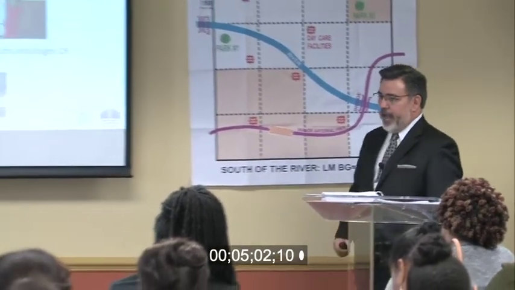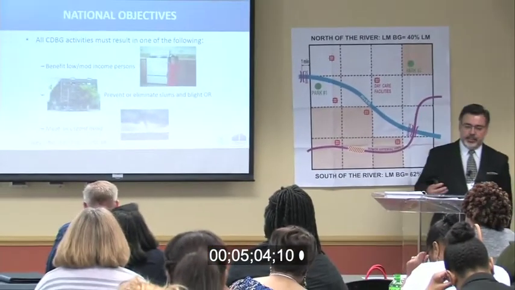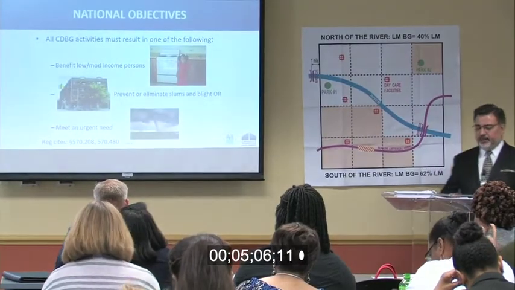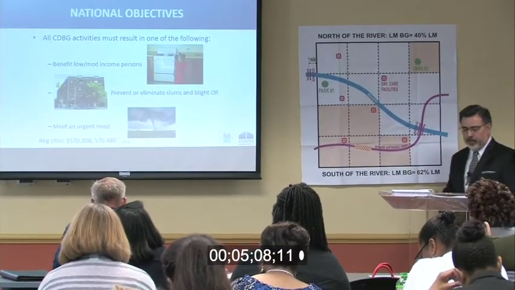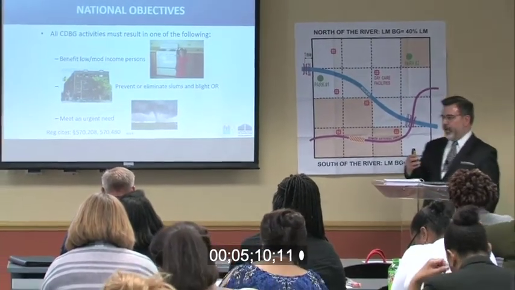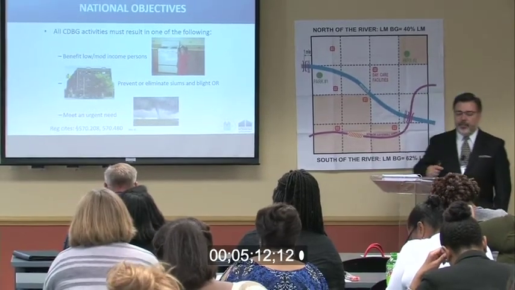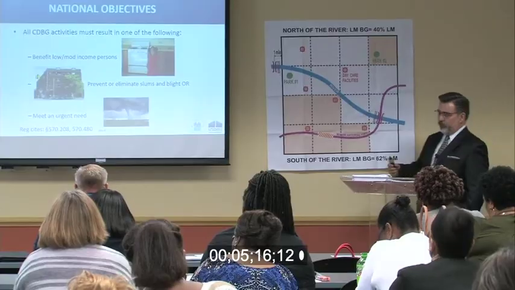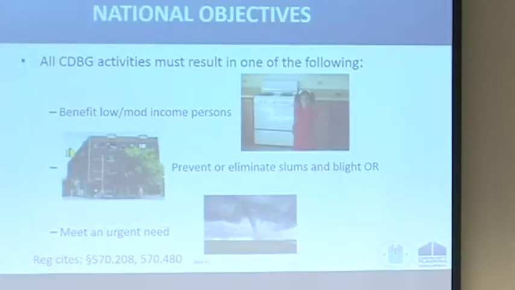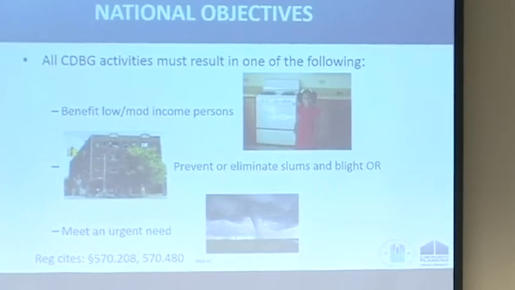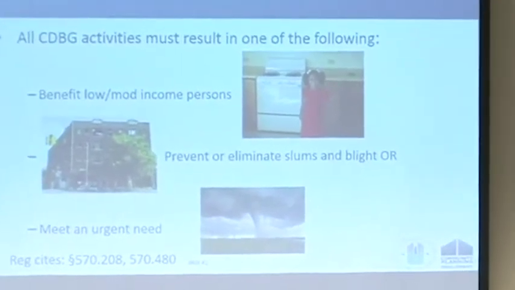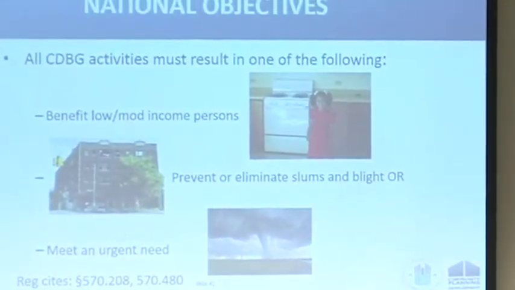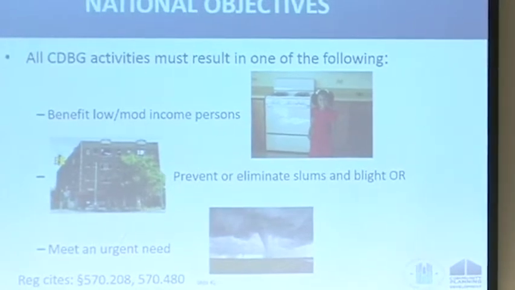So we have 3 national objectives that are found under 24 CFR Part 570.208. Those 3 national objectives can further be broken down into 208(a) as benefiting low and moderate income persons. 208(b) is a prevention or an elimination of slums and blight.